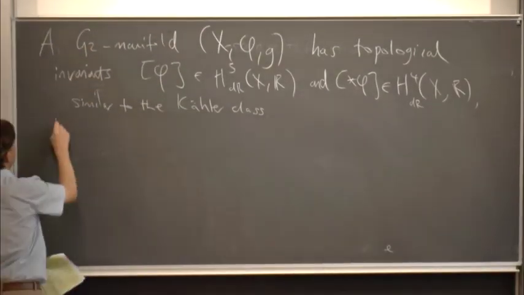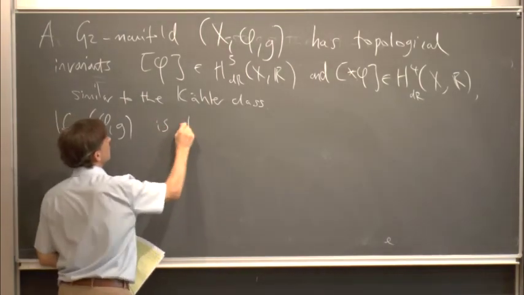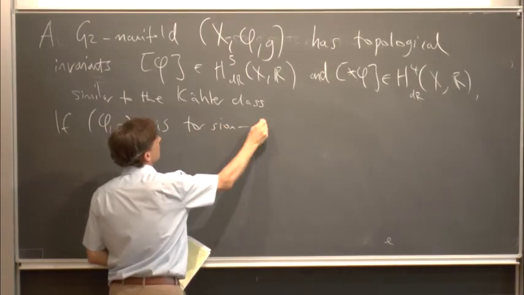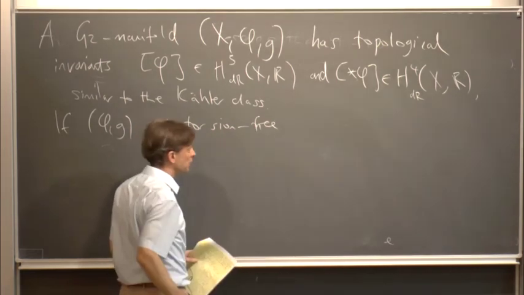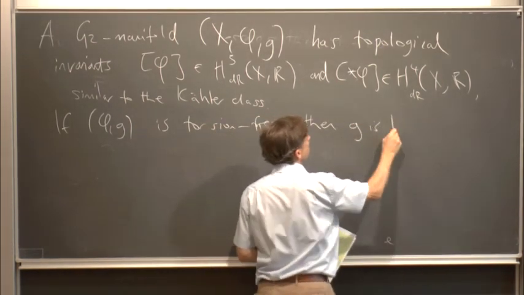And if phi and g is torsion-free, so the holonomy group of g is contained in G2, then g is Ricci flat.